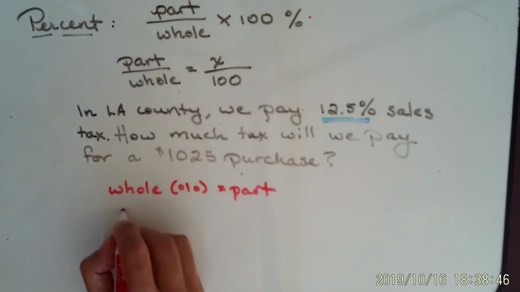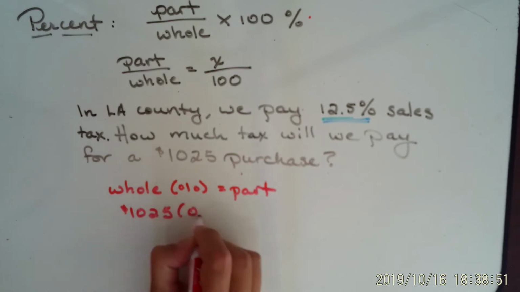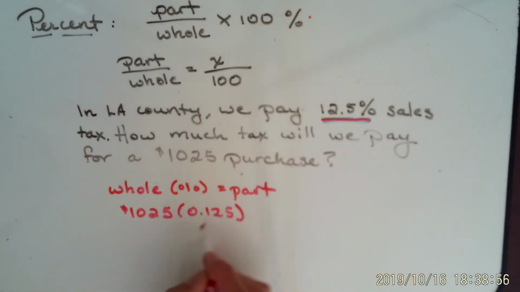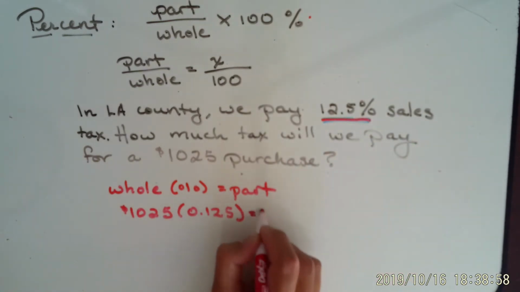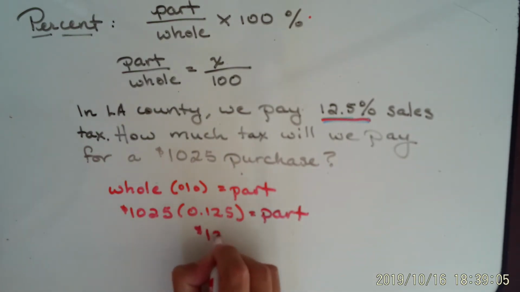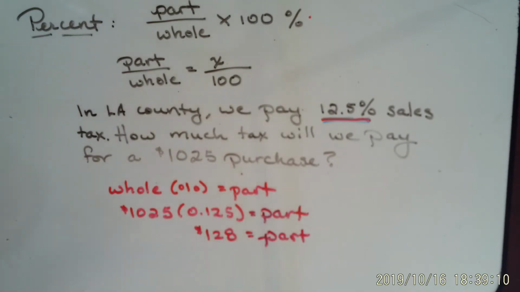Okay, so that means 1,025 times 0.125, we convert the percentage to a decimal fraction, and that gives me the part. Okay, and again you're going to get your $128. Alright, so what you need to do is make sure you understand how this works, and then apply the best technique that works for you.